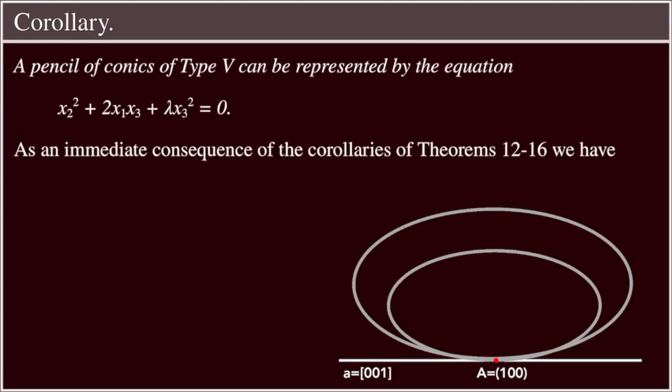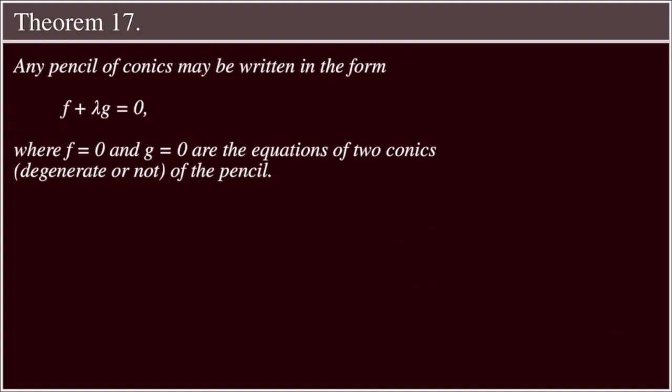As an immediate consequence of the corollaries of theorems 12 through 16, we have Theorem 17. Any pencil of conics may be written in the form f plus lambda g equals 0, where f equals 0 and g equals 0 are the equations of two conics, degenerate or not, of the pencil.